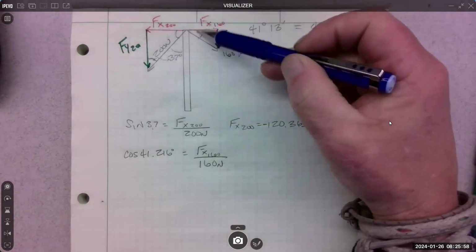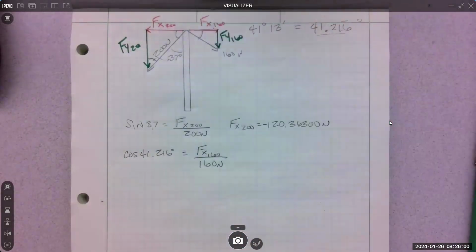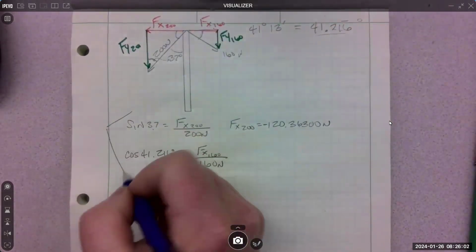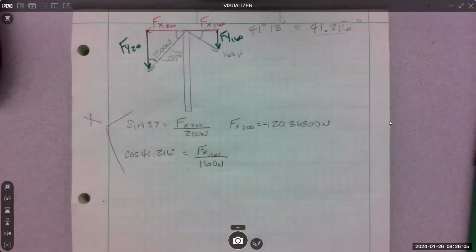So I use this triangle here to find the x. I'm focusing on x forces. When you have a lot of forces, they actually set up a little table, where all the x's are on one side of the table and all the y's are on the other side, and then you can just add them up easily.